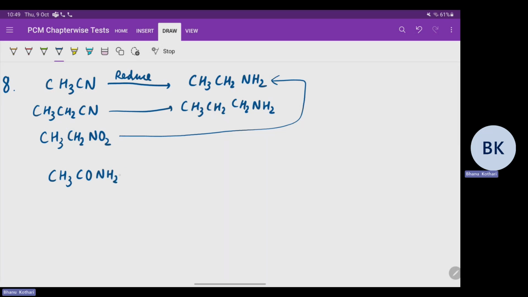By using a strong reducing agent, you can convert it to CH3CH2NH2, right? So if the number of carbons in the compound is only 3, then that compound will not be capable of giving an amine of 2 carbons, right? We need an amine of 2 carbons, ethylamine. So ethyl nitrile is an incorrect option. We have been asked which compound does not give ethylamine, so ethyl nitrile, option B, will be correct. Okay.